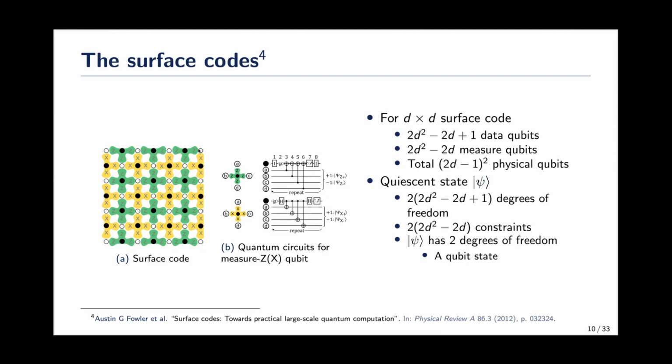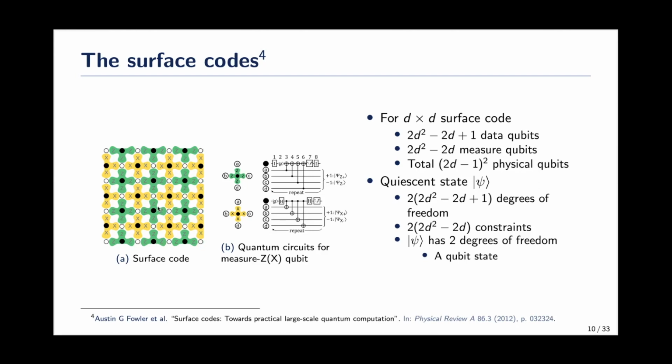So in summary, if we measure the black one, we get plus or minus one when we apply the stabilizer. This decoding process is quite complicated, so there is another algorithm for decoding.